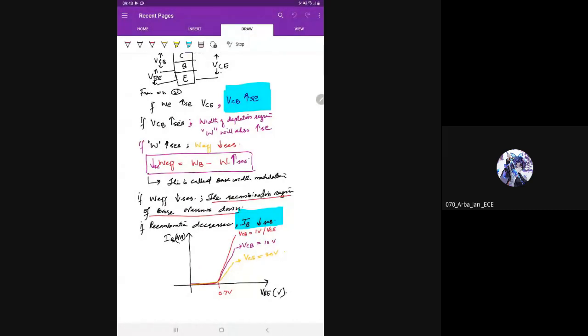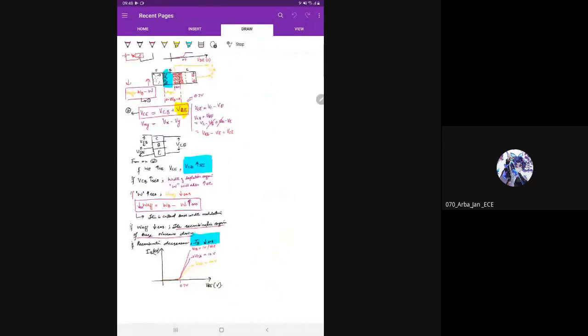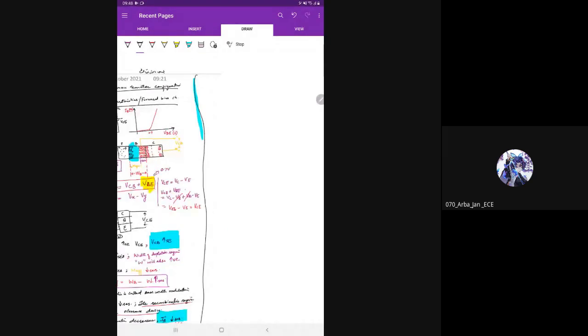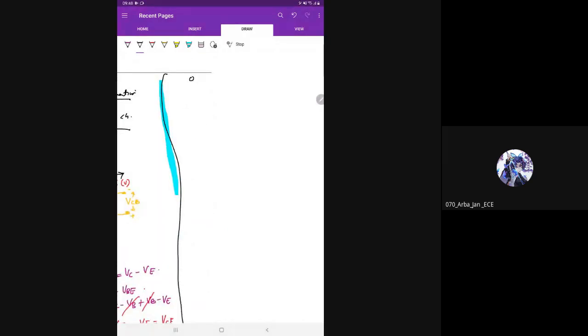ठीक है। Okay, we'll go now for output characteristics of common emitter. So this was all about input characteristics. So we'll discuss now output characteristics of common emitter configuration.